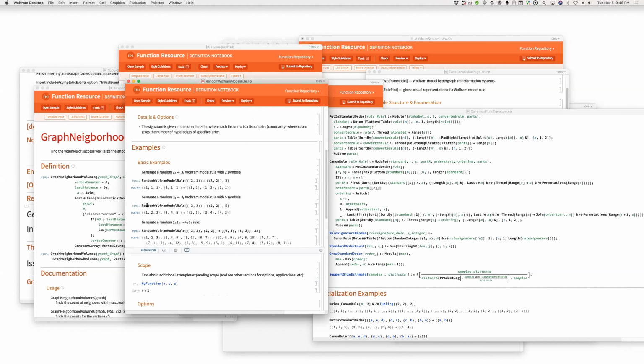So now here, in principle, the different rules could have different symbol counts, right? Am I correct? Yes.